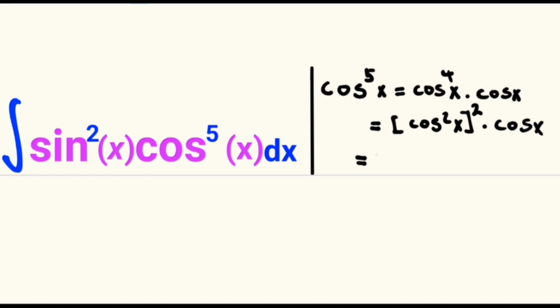We further break down the cos squared x and we express it as 1 minus sine squared x, and this will be raised to the power 2, and we multiply this by the cos x. In the place of cos x raised to the power 5, we are going to substitute 1 minus sine squared x raised to the power 2 multiplied by the cos x.